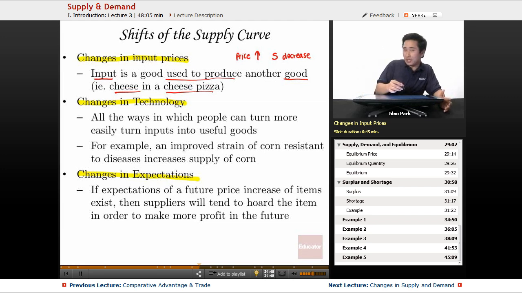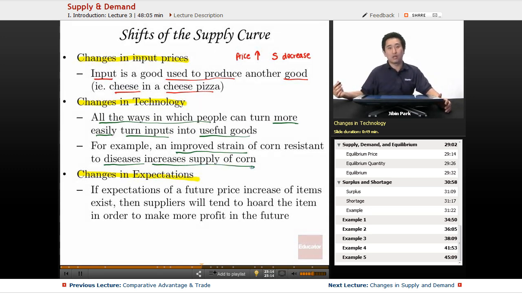Okay. Now, change of technology generally works one way, but it theoretically could work the other way. There could be a decrease in technology. But for example, all the ways in which people can more easily turn inputs into useful goods, then that's going to be a change in technology. For example, an improved strain of corn resistant to diseases will increase the supply of corn.